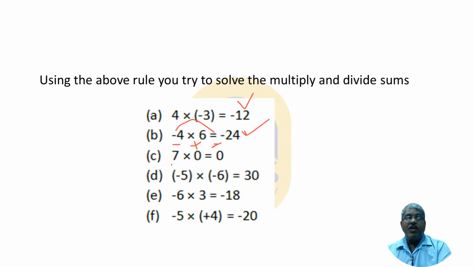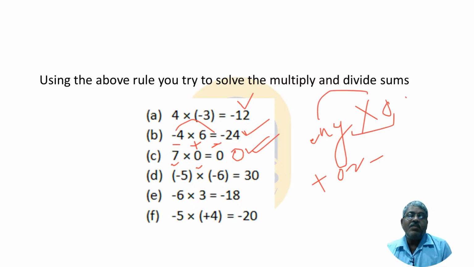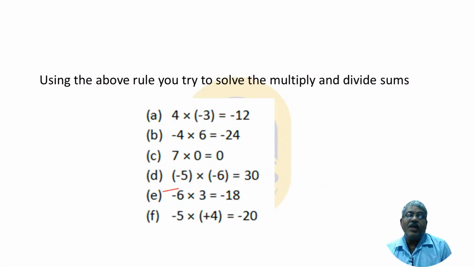Now 7 into 0 is always 0. When you multiply any number, either positive or negative, with 0, you always get 0.